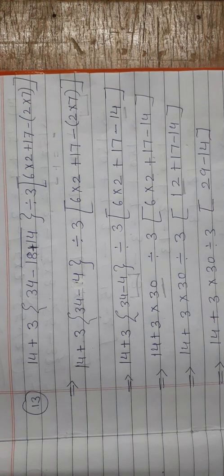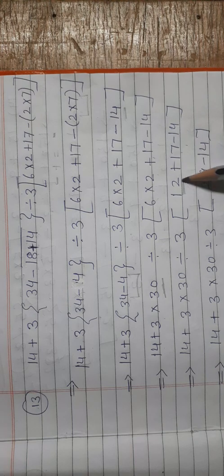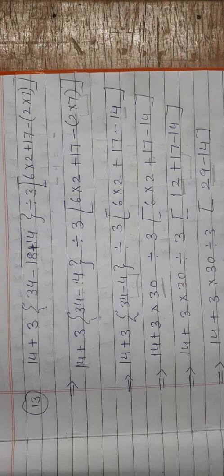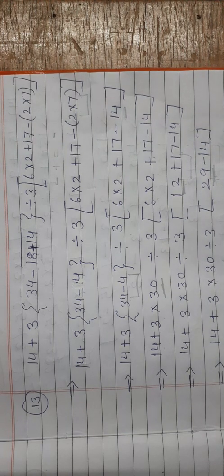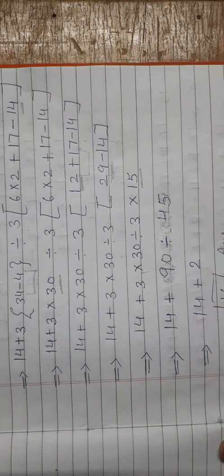In next step 12 plus 17 is equal to 29 minus 14 and keep the remaining digit same. Now in next step when 14 is subtracted from 29 we will get 15 and keep the remaining digit same.